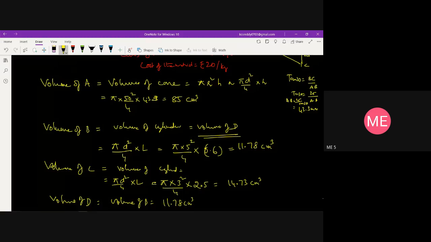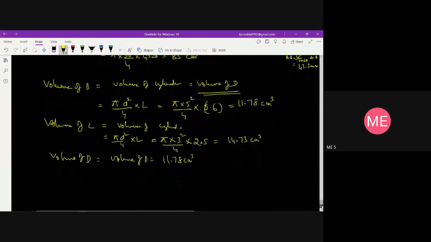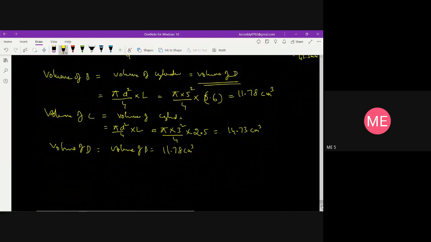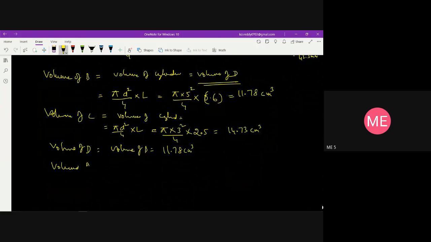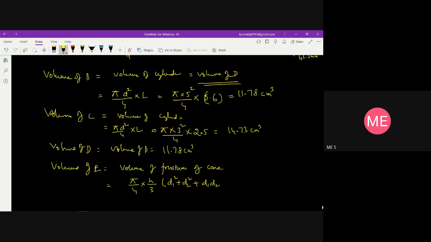Now, before the total volume, the E component is also a frustum of cone. So the volume of E is the volume of a frustum of cone. We know the frustum of cone equation: pi by 4 into h by 3 (or L by 3) into d1 square plus d2 square plus d1 d2. We have used this equation.